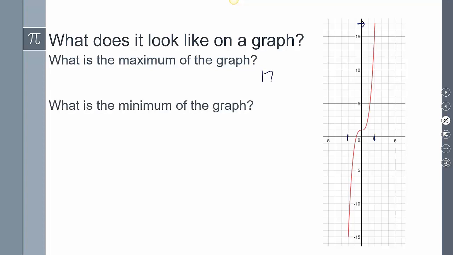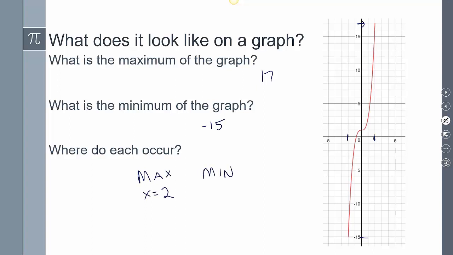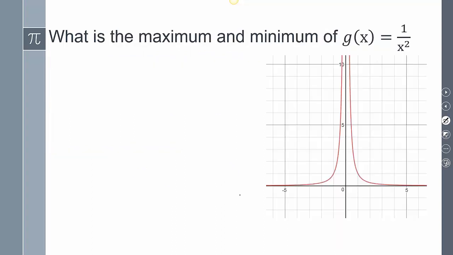What is the minimum of the graph? -15. Where do each occur? The maximum occurs when x equals 2, and the minimum occurs when x equals -2.